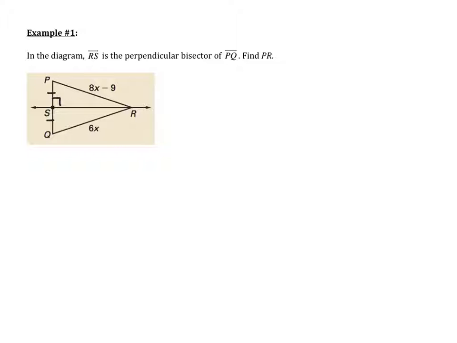According to the perpendicular bisector theorem, we know that any point on this line, which is the perpendicular bisector, is equidistant to the segment's endpoints. So therefore, R is equidistant to P and to Q. So that means that PR is congruent to QR. So that means I can set up the equation and set 8x minus 9 equal to 6x.